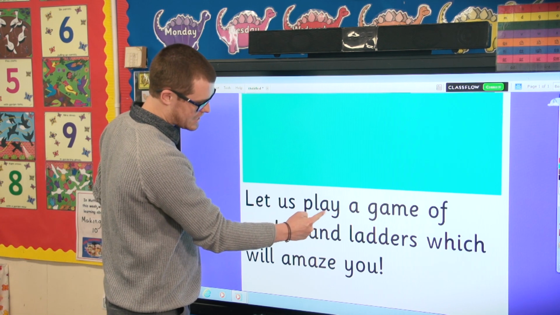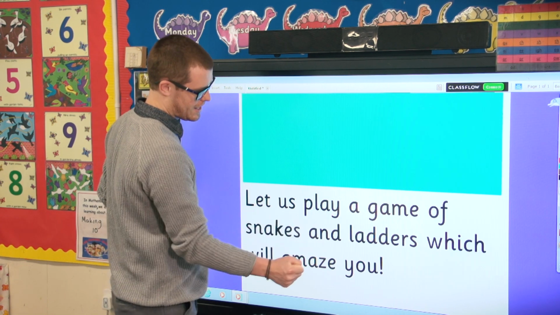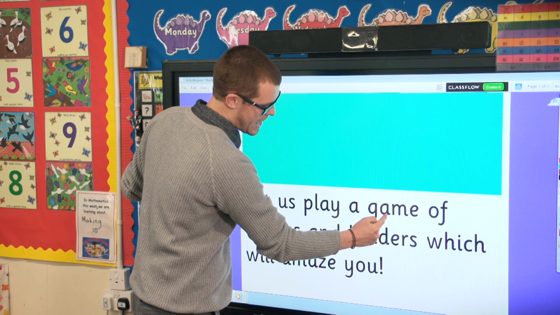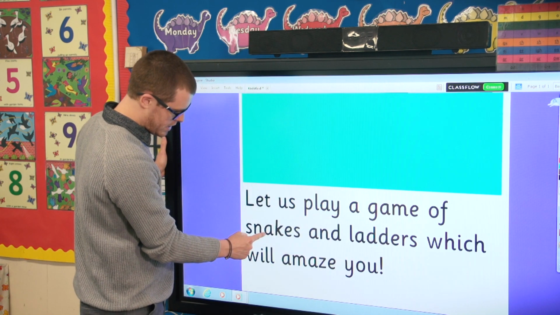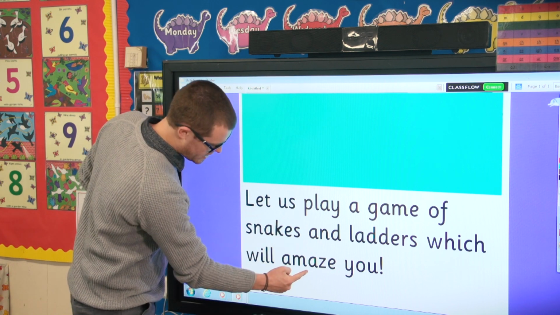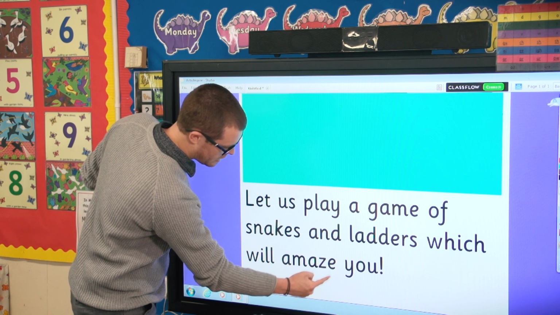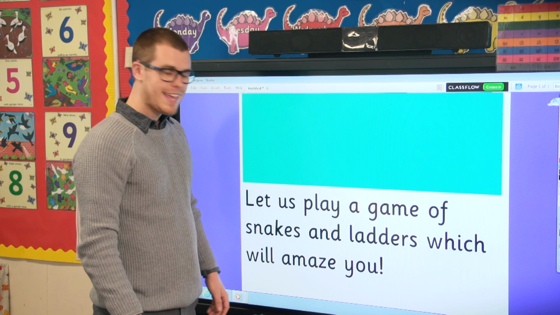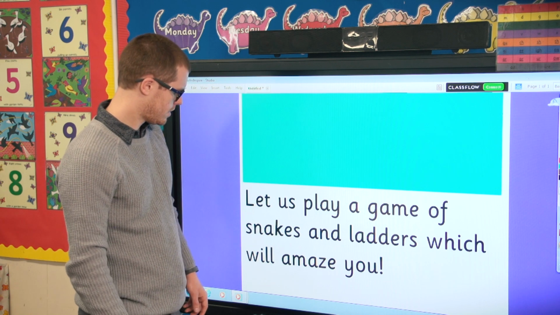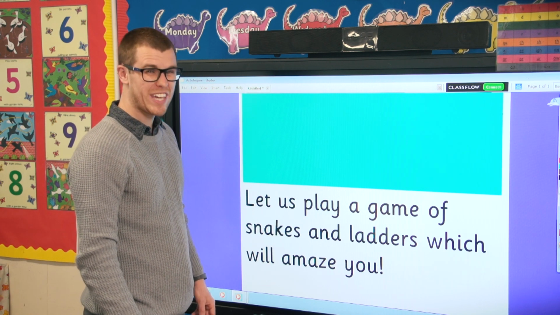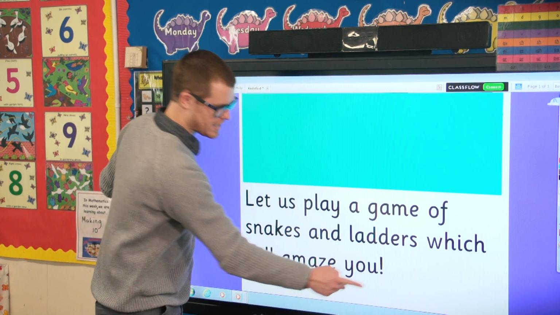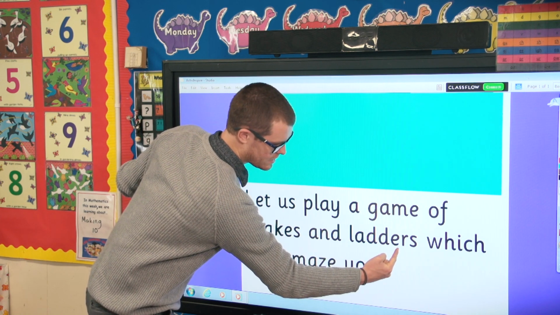This word has the grapheme A. This word has a split vowel digraph A. This word has a split vowel digraph A. And this word has a split vowel digraph A. Can you see a word with the digraph A? Look carefully. Here it is. This word has the digraph A.